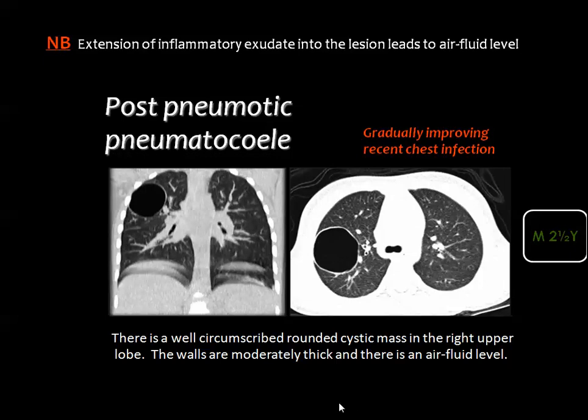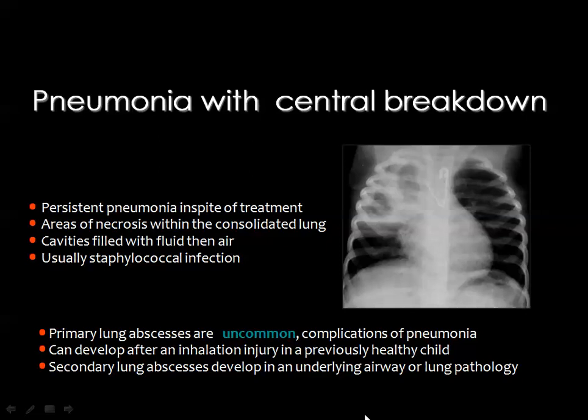Then this is a pneumatocele which is not infected. You see the thin margin, you see the air content, and the lesion is located within the lung parenchyma. And as I have mentioned, primary lung abscesses are an uncommon complication of pneumonia in the pediatric age group.